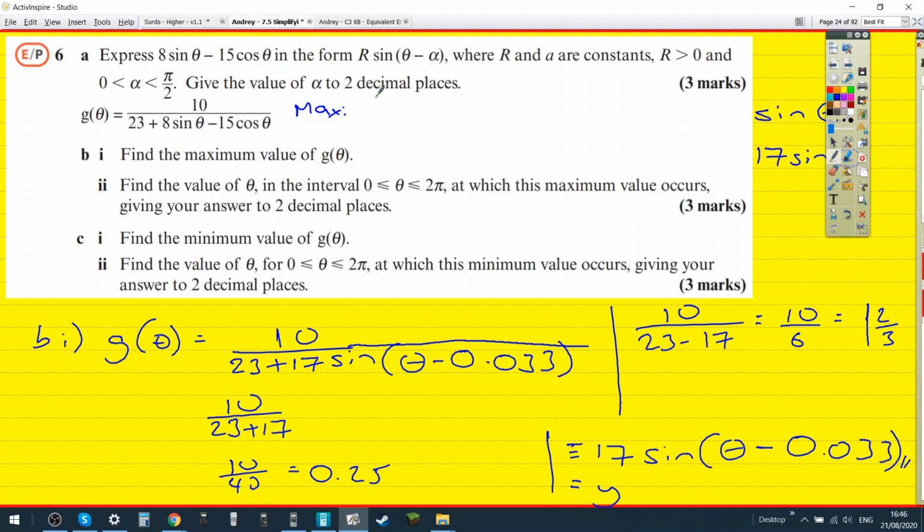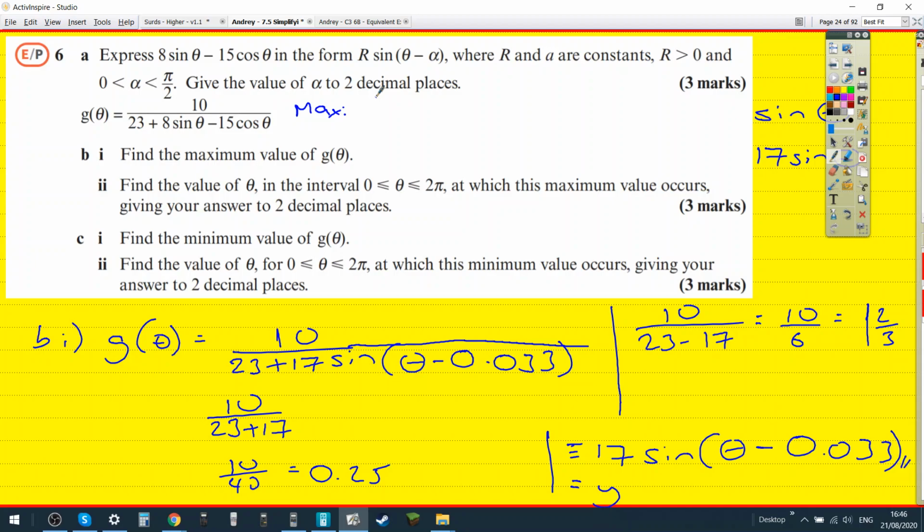We took away 17. So is the final max going to be 0.43? That's not what you get when you take away 17.